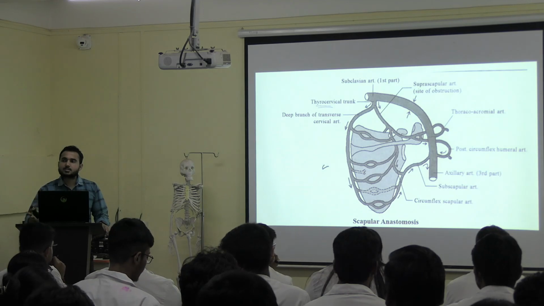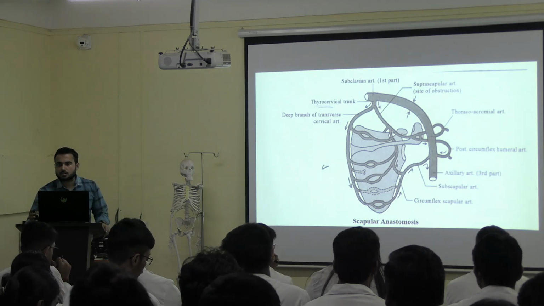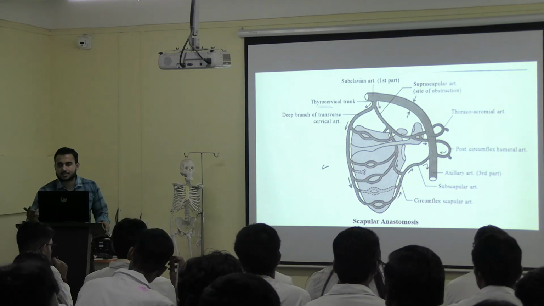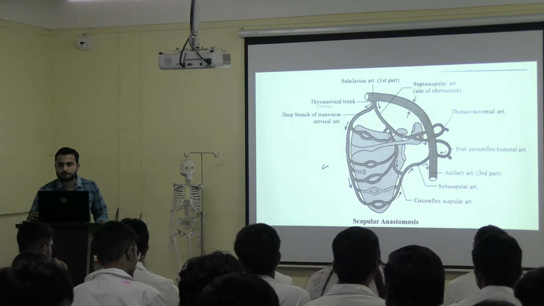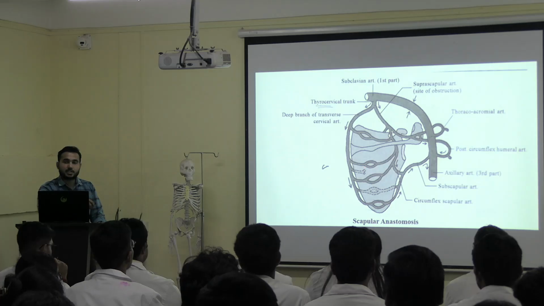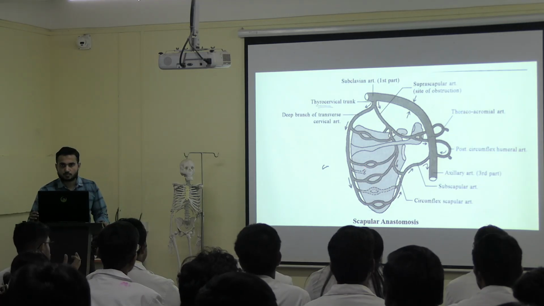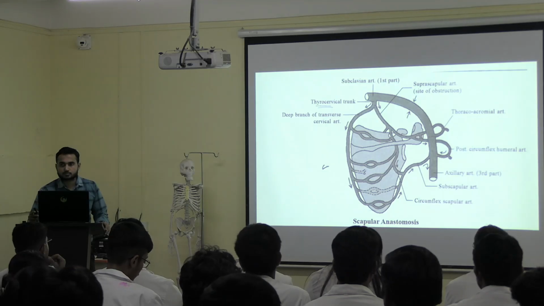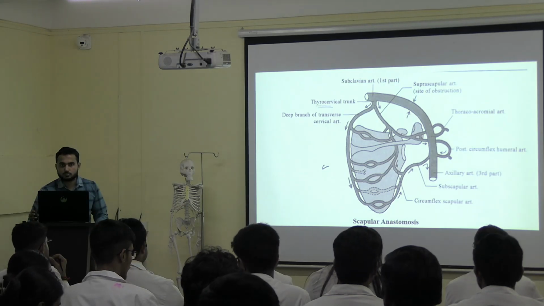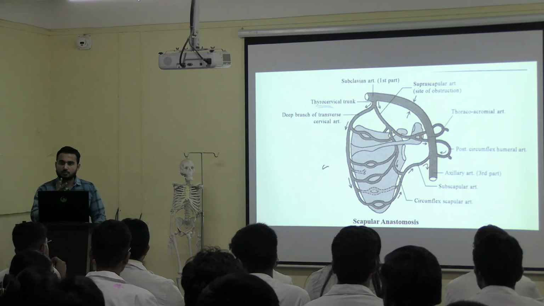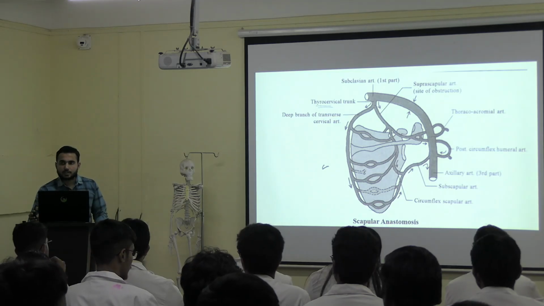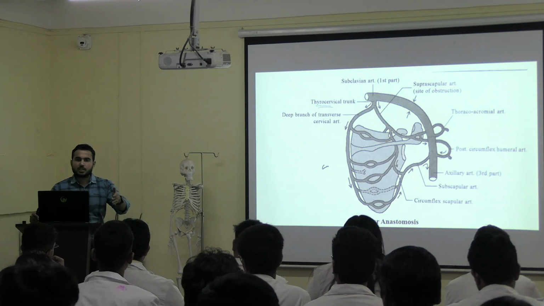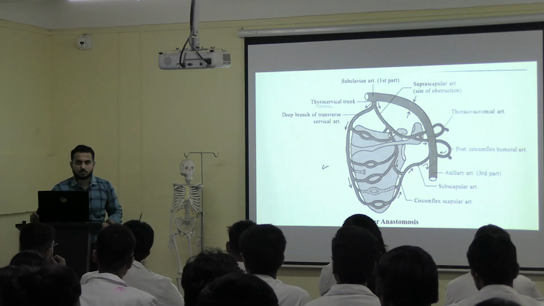Now, why is this anastomosis important? If anyone asks you why those anastomoses take place, what will be the answer? ये सब anastomosis क्यों होता है? Any idea? I will give you a very practical example. Whenever you are traveling somewhere, you always prefer highways, right?